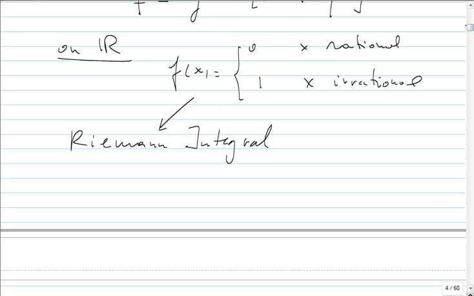But for the Lebesgue integral, it's very good. Why? Because my function f of x is just 1, because the set of rational numbers has measure 0. And therefore my function is constant equal to 1.